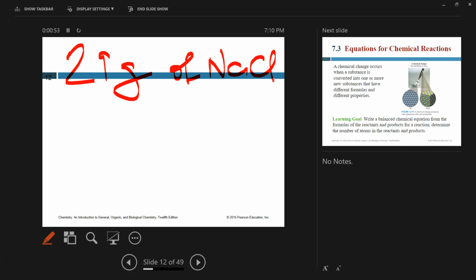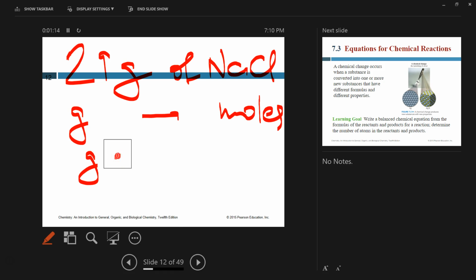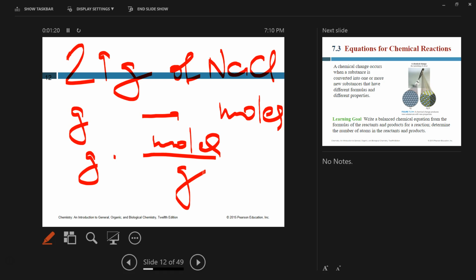It wouldn't be that easy. So what do you need to calculate first? What's going to be the conversion factor? So if you need to go from grams to moles, what should be the conversion factor? You should multiply grams by moles over grams.